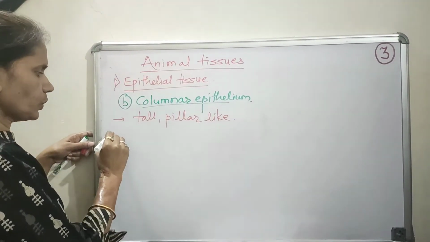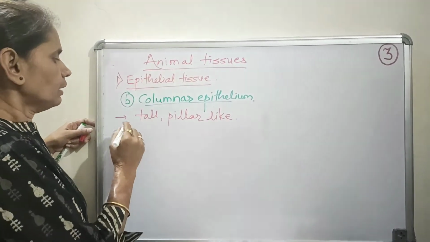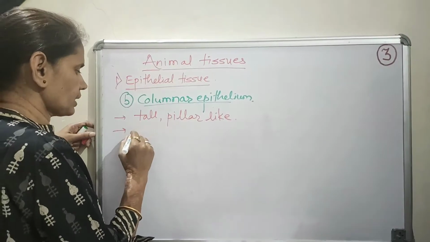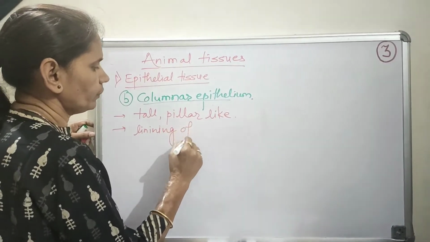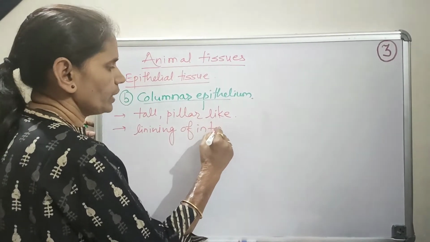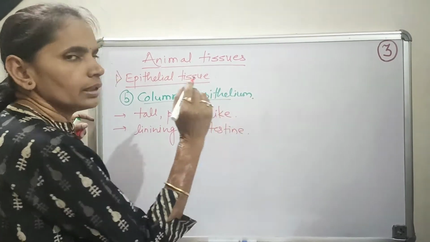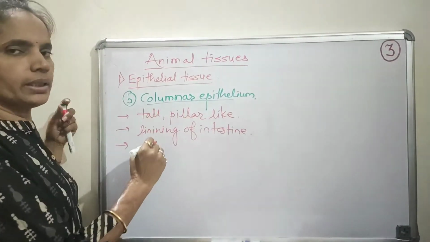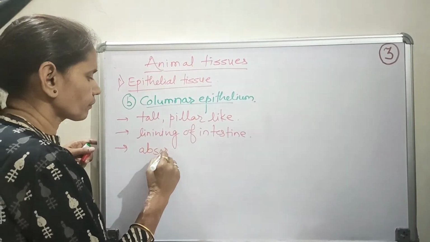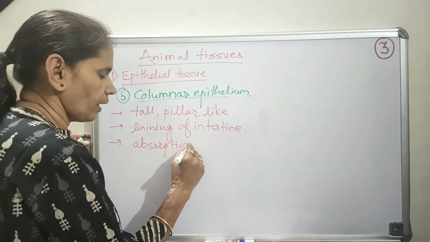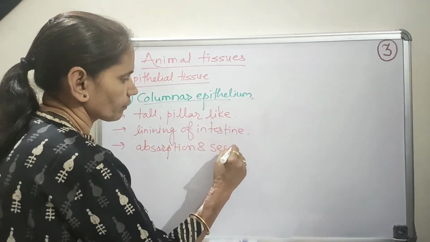These tissues are present in the lining of the intestine. So obviously the columnar epithelium has a function in absorption and secretion.